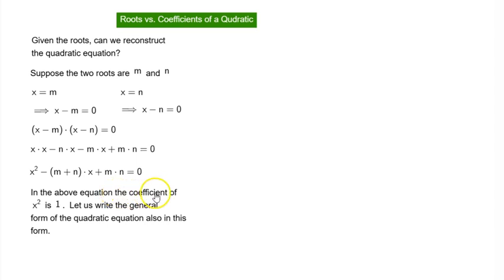In the above equation, the coefficient of x square is 1. So let us write the general form of the quadratic equation also in this form. Remember our general form, that is ax square plus bx plus c equal to 0. Now here also, if we want the first term to be x square, what do we have to do?